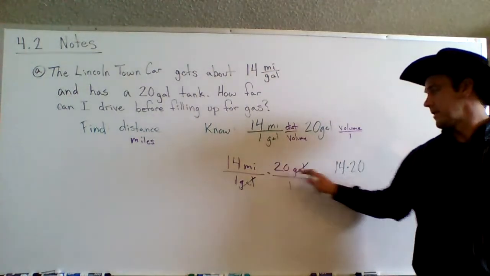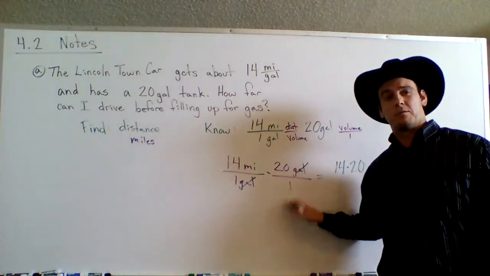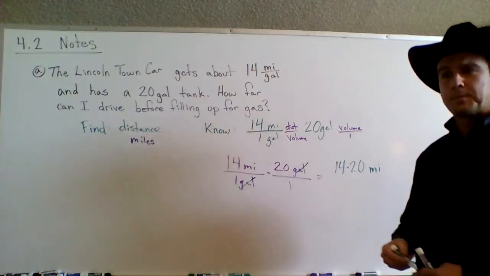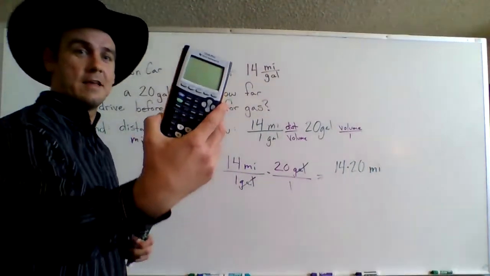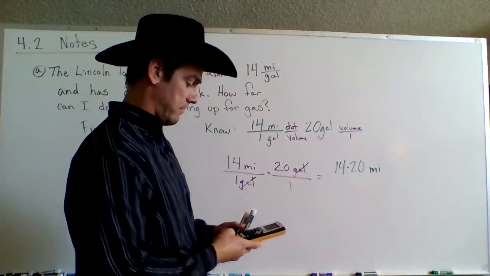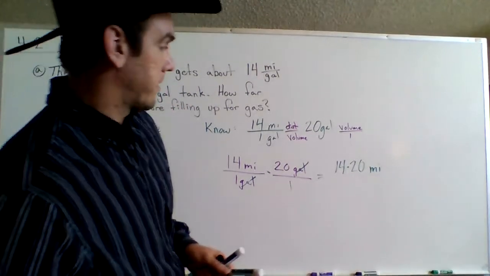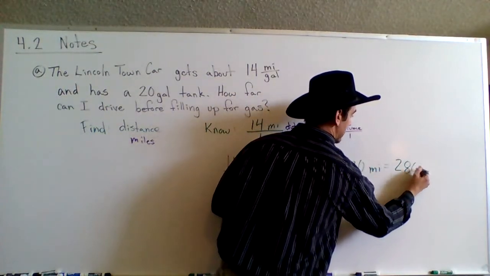My units on top here are miles. On bottom, I get 1 times 1. We don't need to write that. I don't have any more units on bottom. Okay? So, all you got to do is type that into your calculator because, yeah, you get to use a calculator these days. So we do 14 times 20. So that's going to be 280 miles.